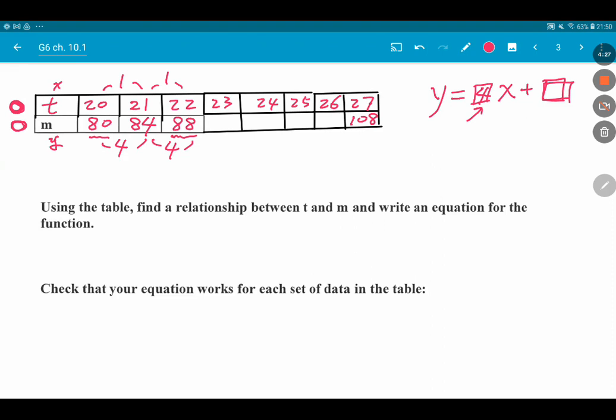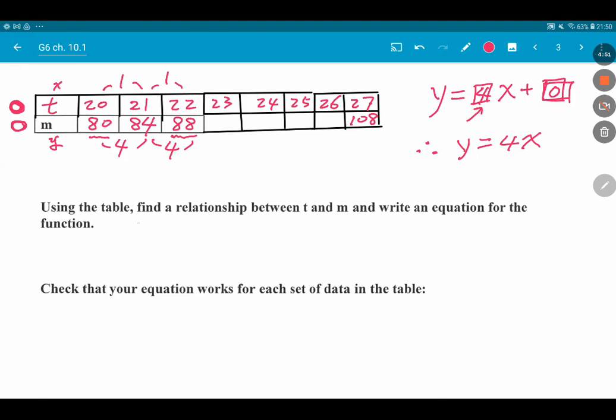You can double check on that. Therefore, the second box would be 0. So our equation for this machine would be y equals 4x plus 0. We can just leave it. So it's y equals 4x.